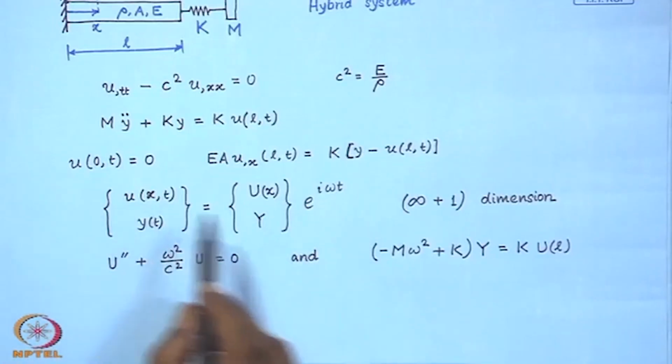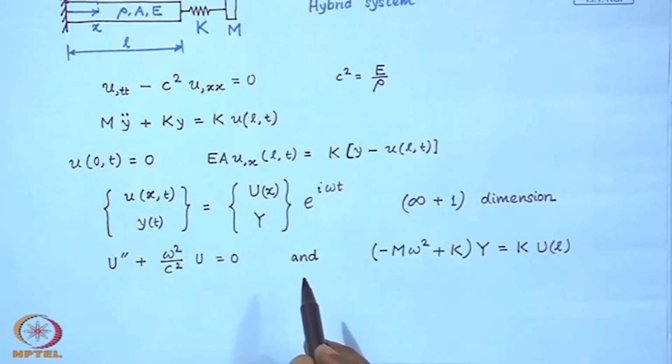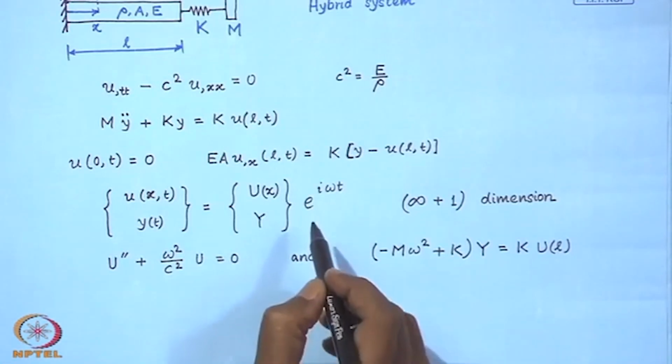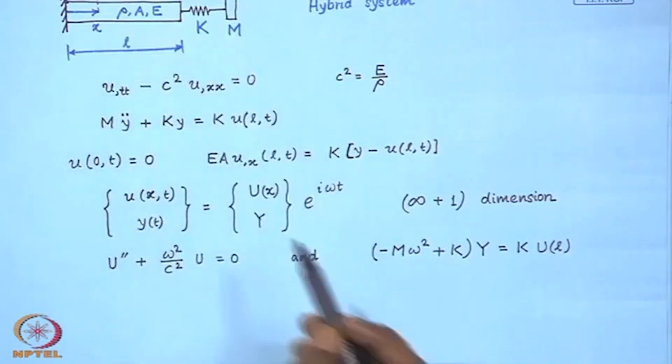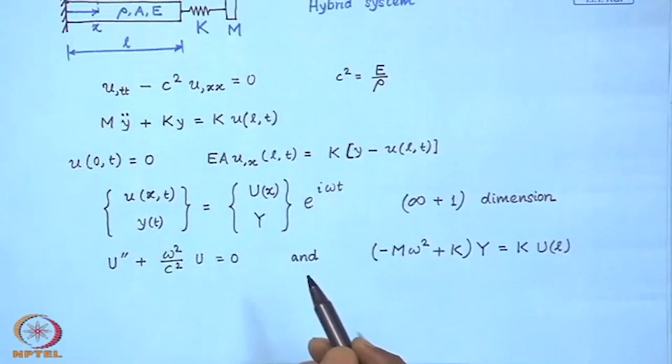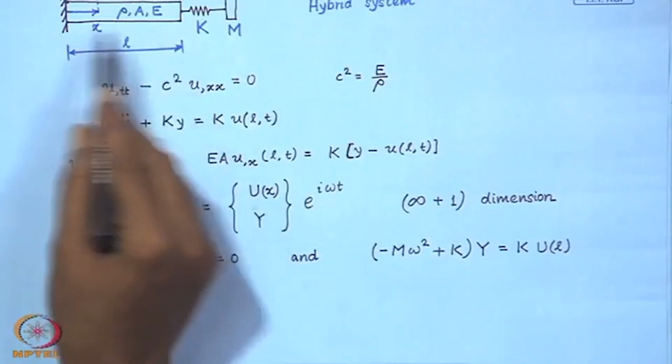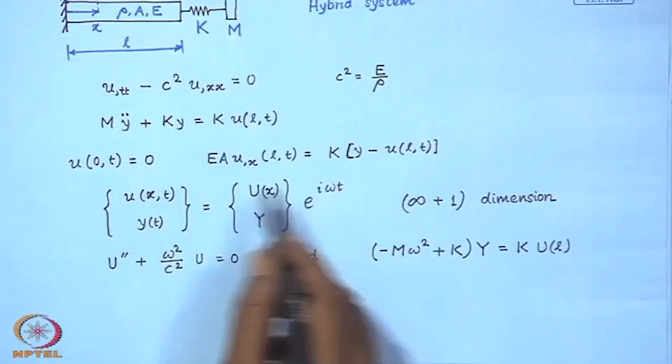We are searching for solutions of this form, so we have synchronous motion of the bar and the discrete mass; well, all points of the bar and the discrete mass.